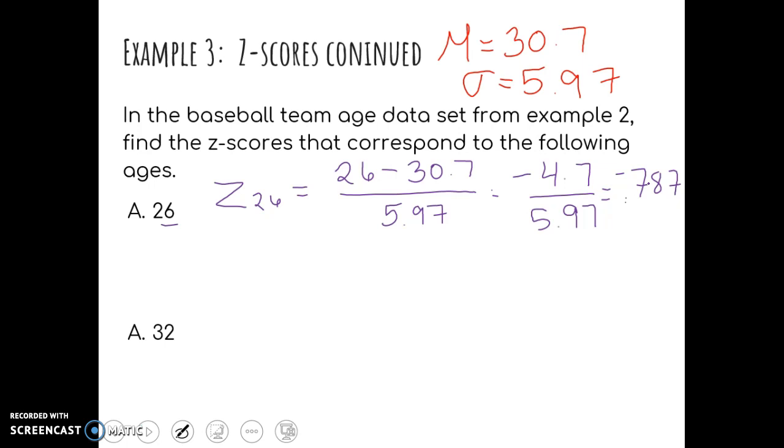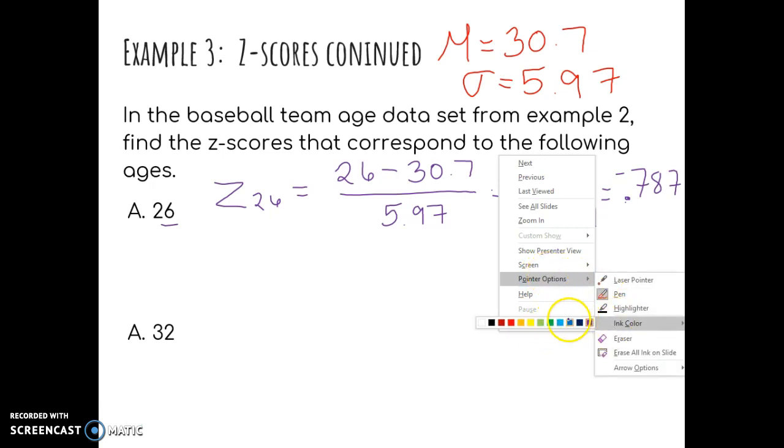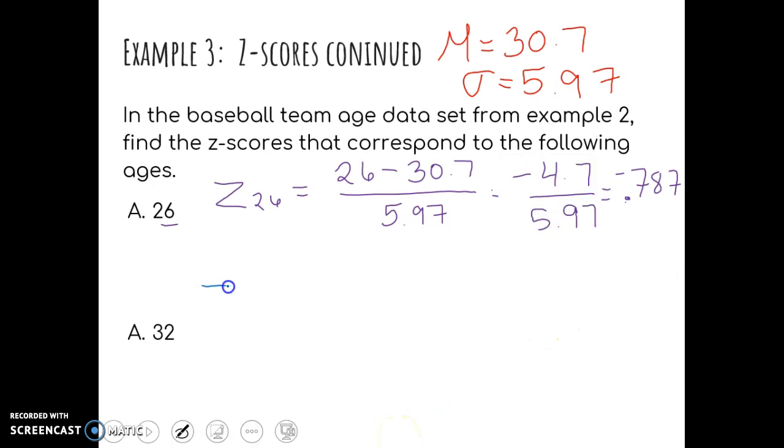Okay, so this is a point. Let's see if I can make that point a little bigger so you can clearly see it. So negative 0.787. So now we're going to try and find the z-score for 32. So I'm going to change the color again. Alright, so the z-score for 32 is equal to the score I'm changing, which is 32, minus the mean, which is still 30.7, divided by the standard deviation of 5.97.